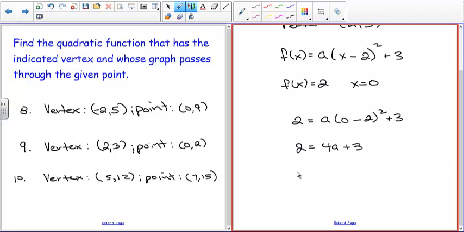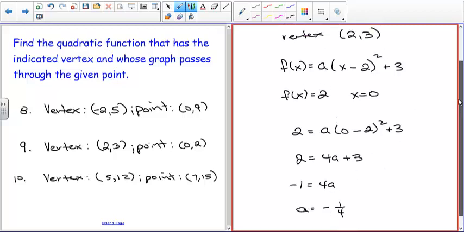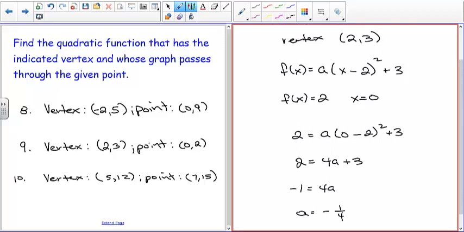Subtract 3 from both sides and you get negative 1 equals 4a. Divide both sides by 4, so a is equal to negative 1/4. Now we go up and substitute those in. The final answer is f of x equals negative 1/4 times x minus 2 squared plus 3.